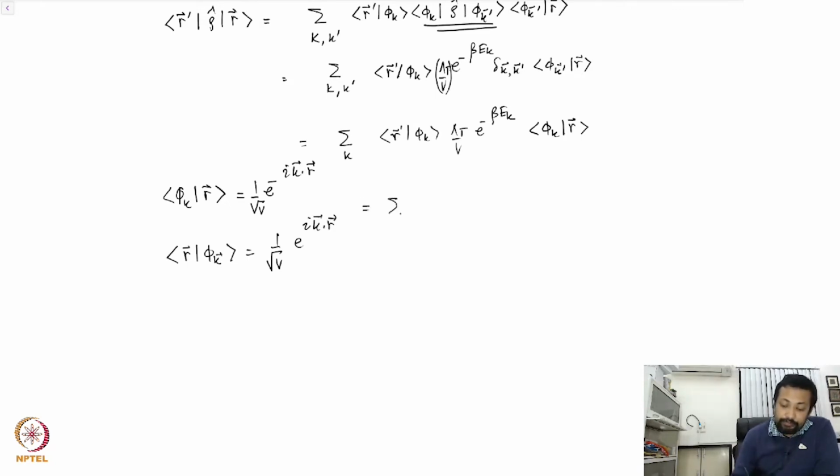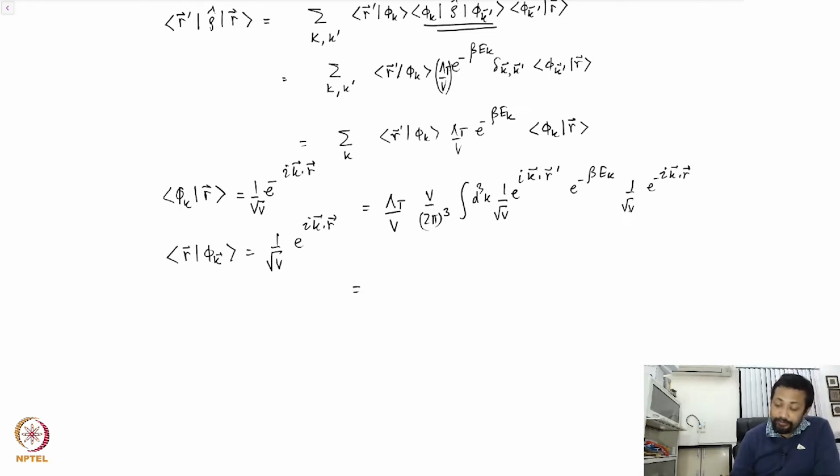So that this sum is sum over k. So I have lambda_T over V times the sum becomes an integral, d cubed k, e to the power i k dot r prime, 1 over square root V, e to the power minus beta epsilon k, and then I have 1 over square root of V e to the power minus i k dot r, right?